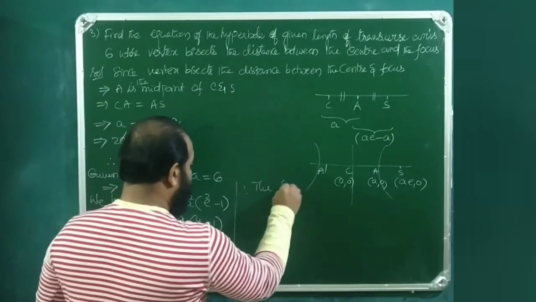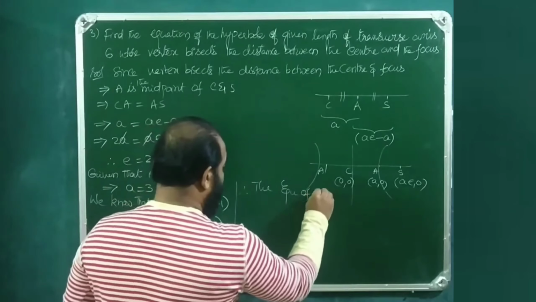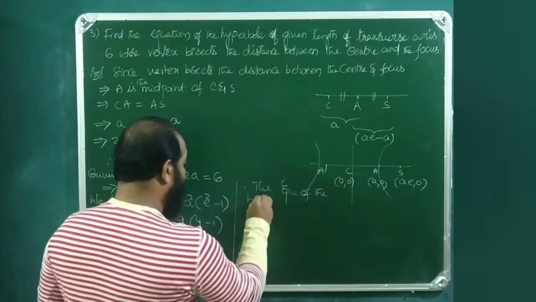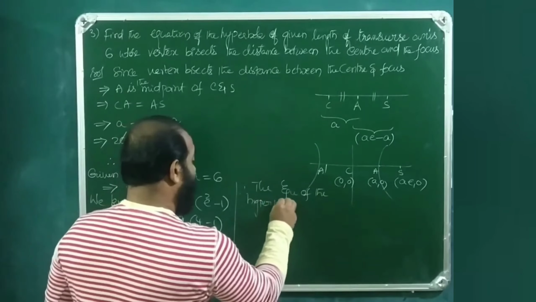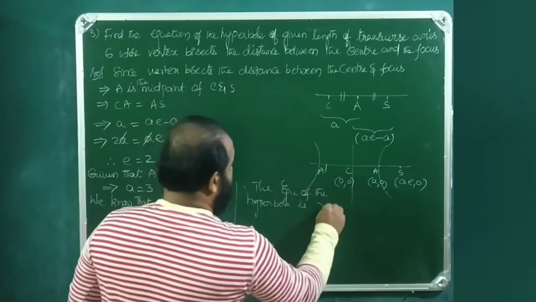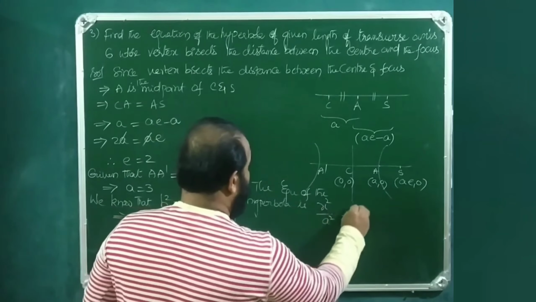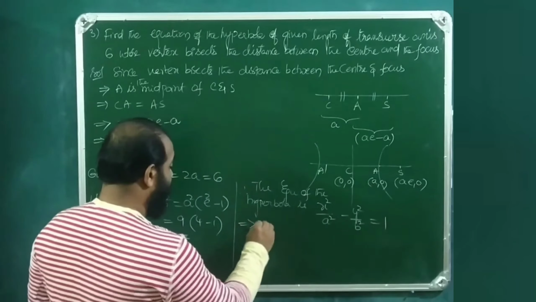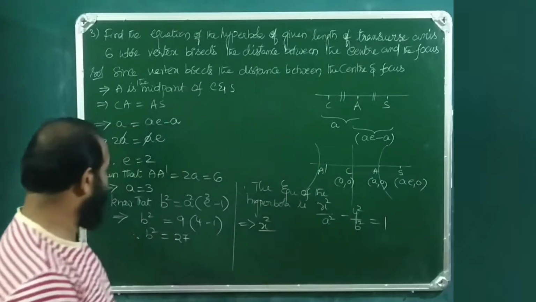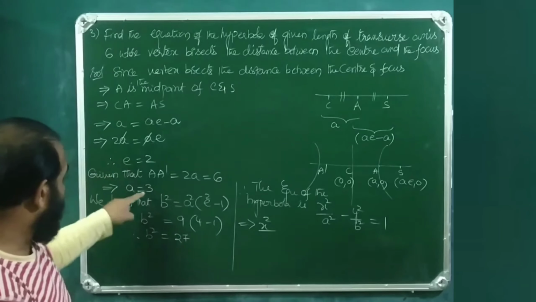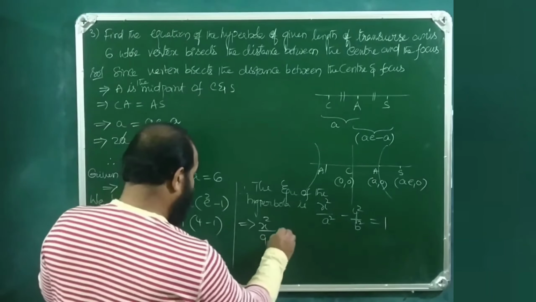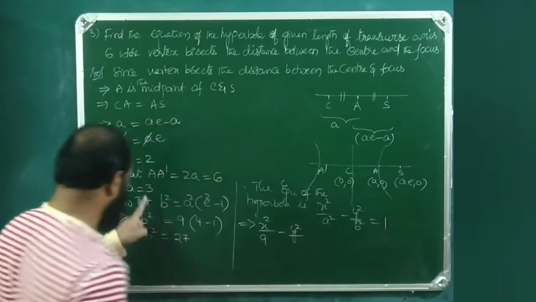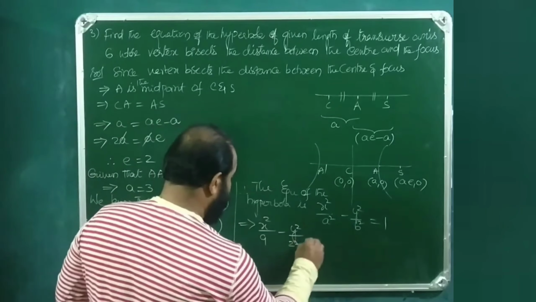Therefore, the equation of the hyperbola is x square by A square minus y square by B square is equal to 1. This implies x square by 3 square, 9, minus y square by 27 is equal to 1.